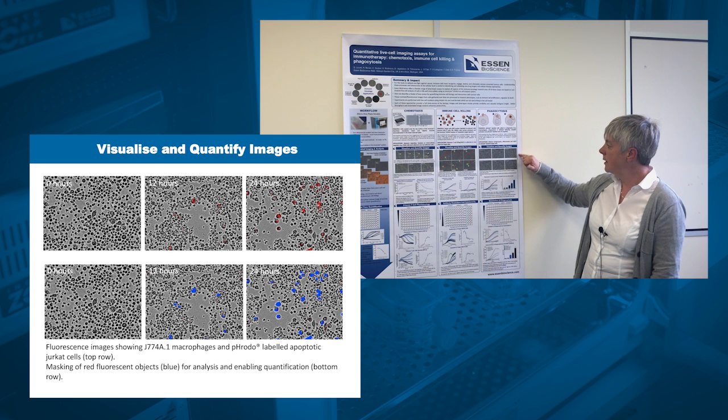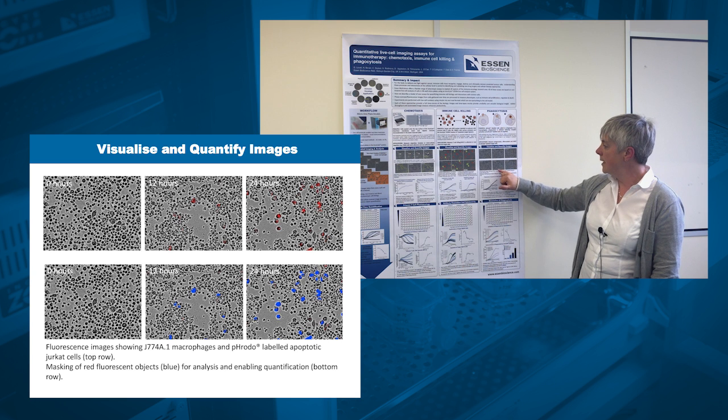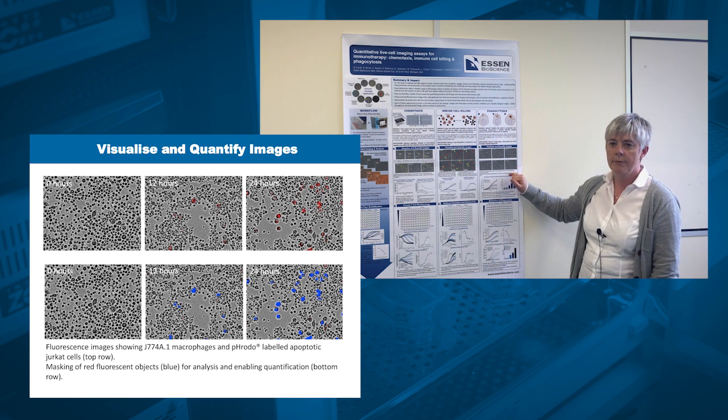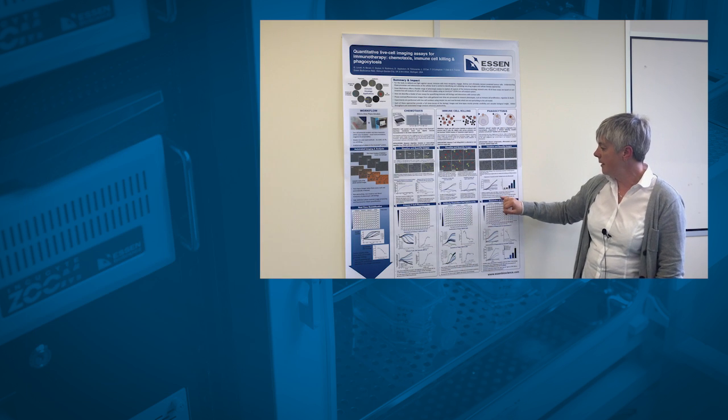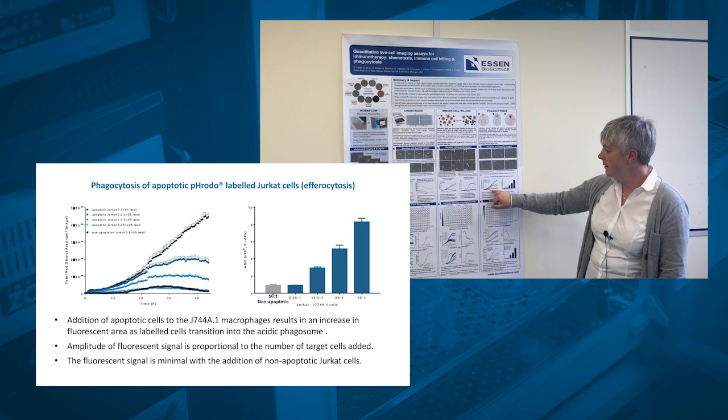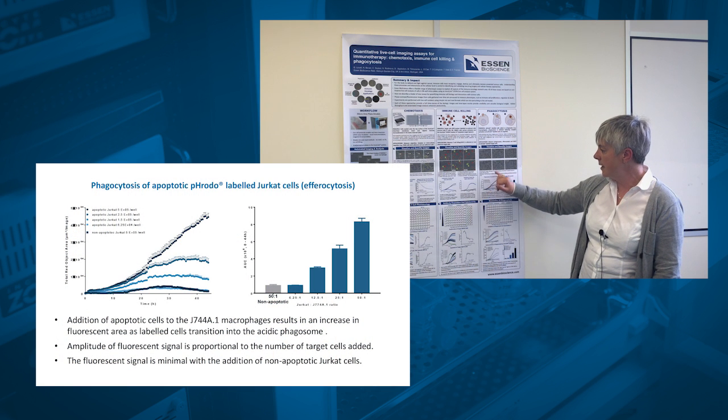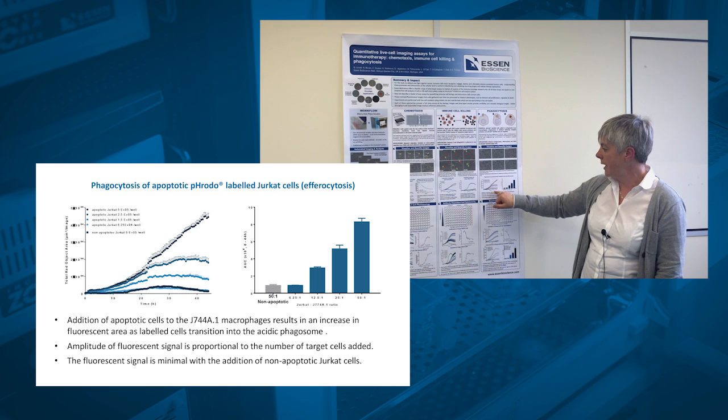The IncuCyte ZOOM can then detect where those red areas of fluorescence are and provide a mask. And in this particular readout, we're looking at area coverage of the fluorescence within the images. So if we now convert the image analysis into a graphical form, this here is showing the same J774 cells with the apoptotic Jurkats, and this is with increasing ratios of target to effector cells.